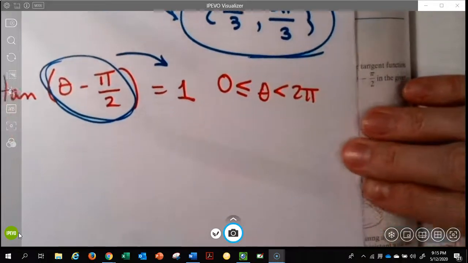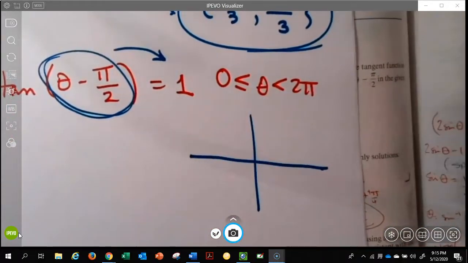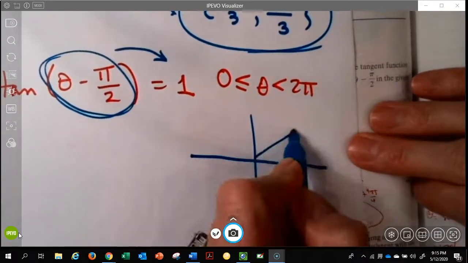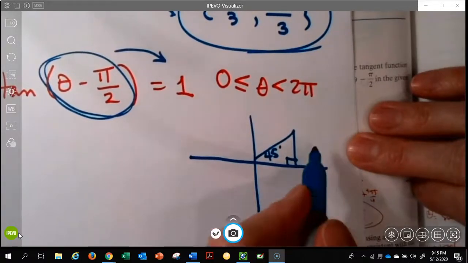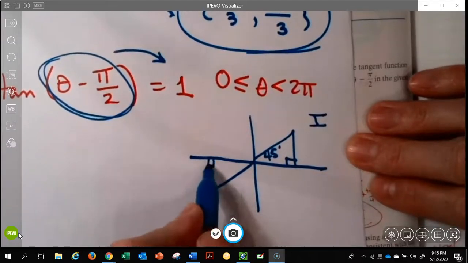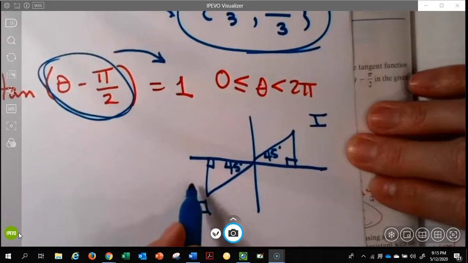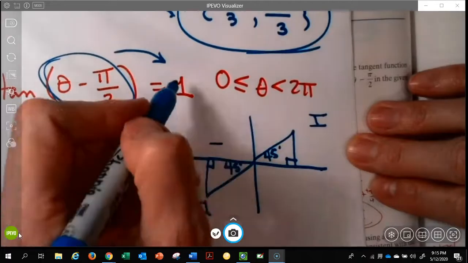So again, I like to get over here and draw and think. The tangent is 1. I need to have memorized that when my tangent is 1, I am talking about a 45-degree angle in quadrant 1, or I'm talking about a 45-degree angle down here in quadrant 3, because when I have negative over negative, I end up with a positive 1 again.